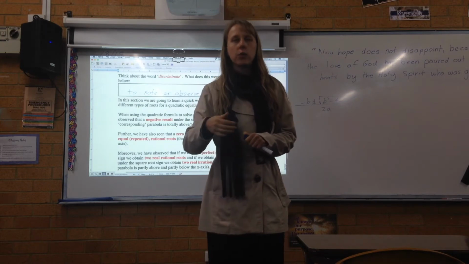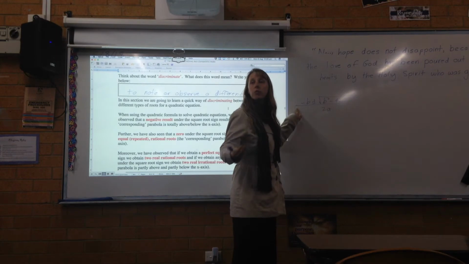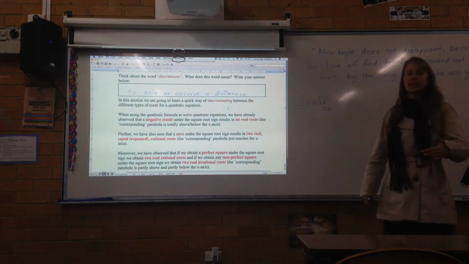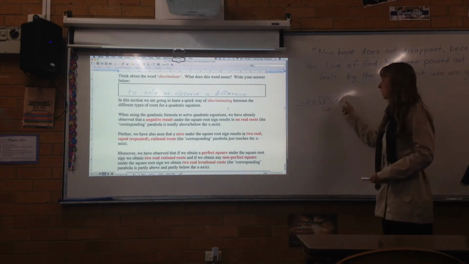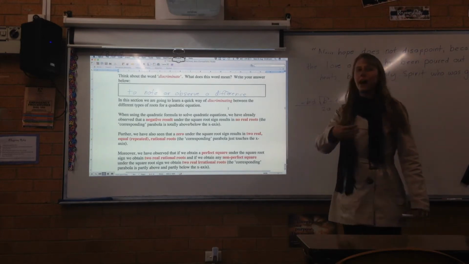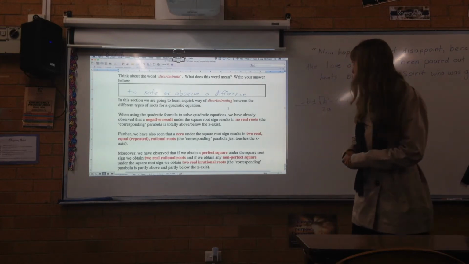If you take a square root, we end up with rational roots. If b squared minus 4ac is not a perfect square, then the square root of that is a surd, and we have two irrational roots.